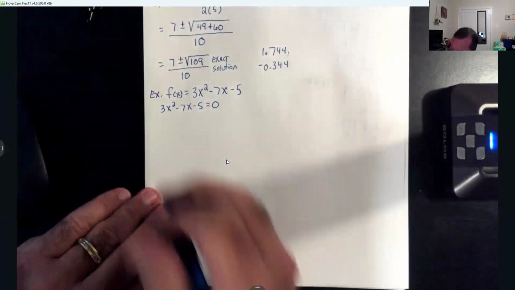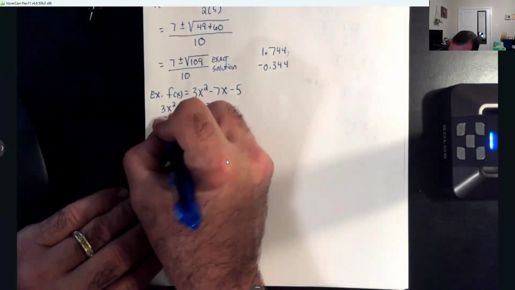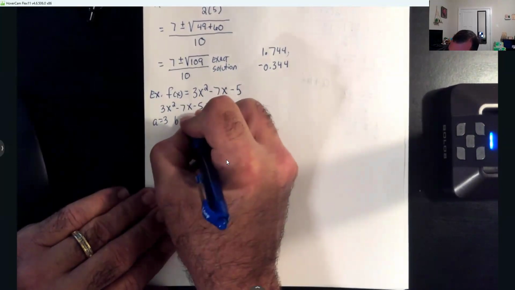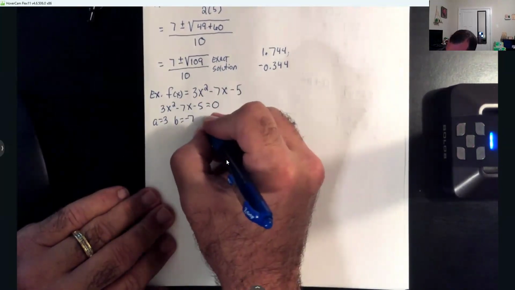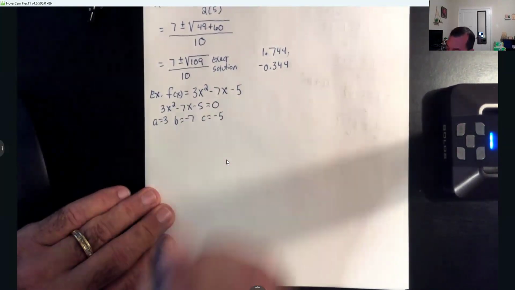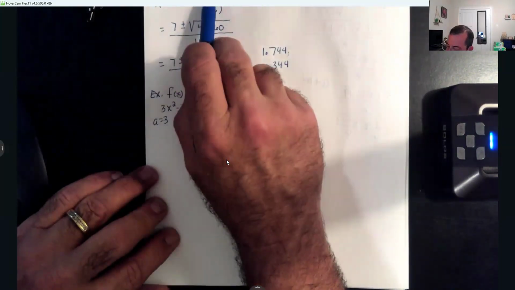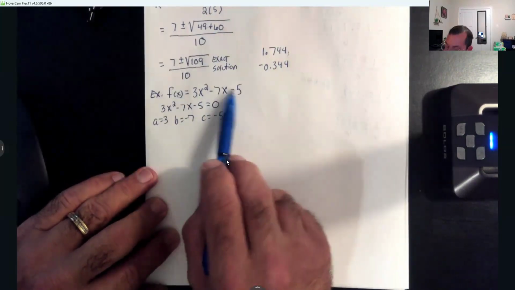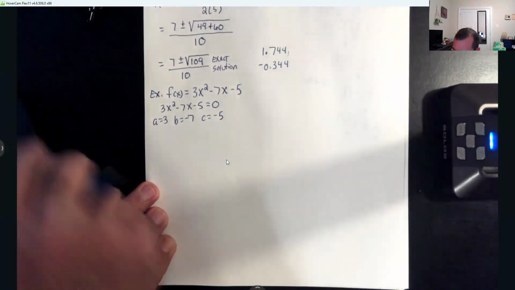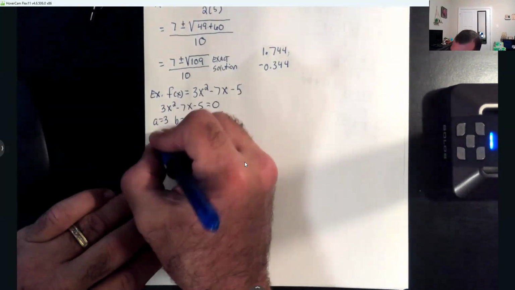I'm going to get my A, B, and C: 3, negative 7, and negative 5. Well, this one looks like the last one, except they reversed the 3 and the 5 on it. Oh, well. All right, y'all, here we go.